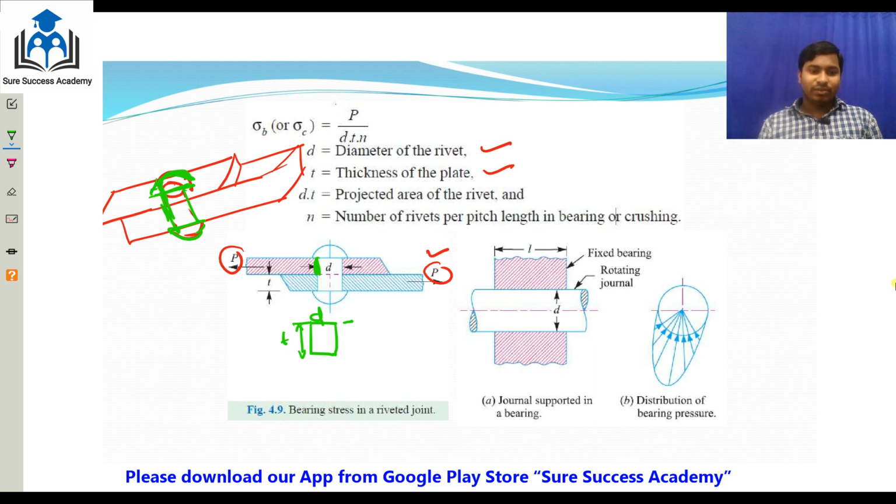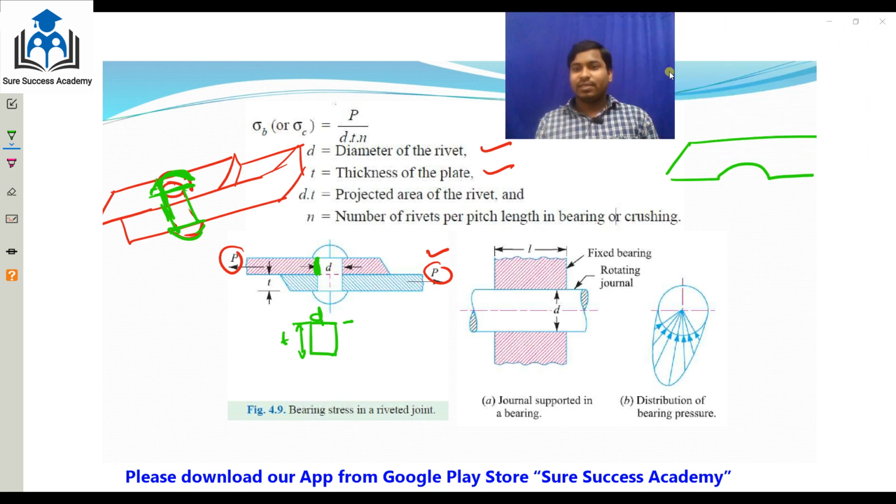Now if you see the bearing, the area is equal to the projected area d times t. I will cut this piece like this.